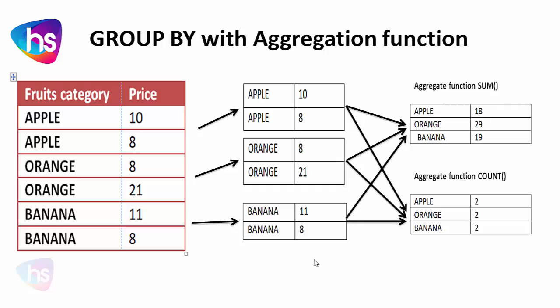And from there, if we additionally write an aggregate function, like SUM or COUNT, see here what it displays. If we apply SUM, the result set would be like this: in the apple category it is 18, orange 29, and banana 19.